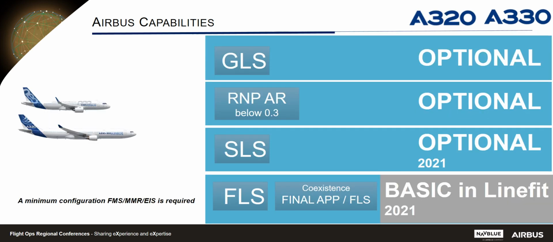On A320 and A330, GLS and RNP AR are optional, and a specific configuration is required. SLS will be proposed in option in future standards in 2020 and 2021. For the FLS and the coexistence, it will be progressively proposed as basic in line fit. The XLS concept is for the moment not proposed on A340, A300 and A310.